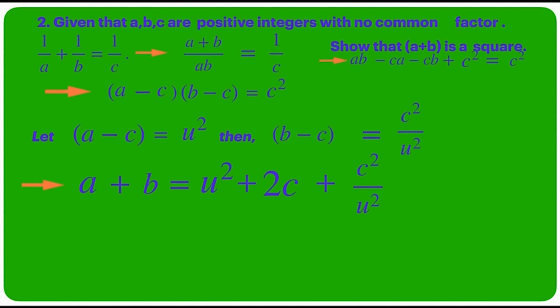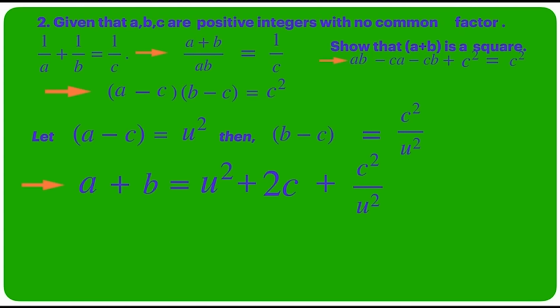So we have got the value of a plus b as u square plus 2c plus c square by u square.